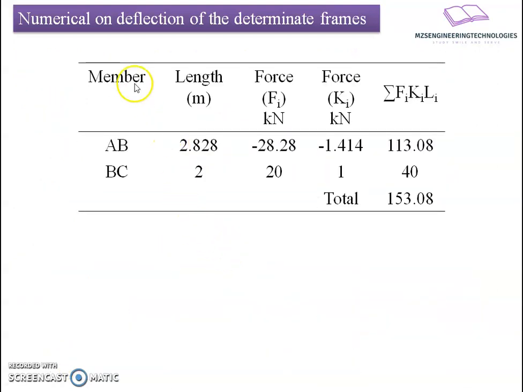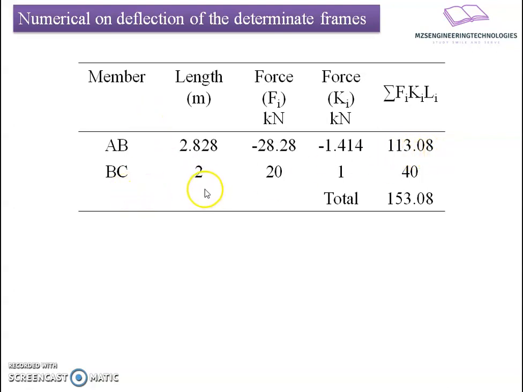After knowing the F forces and K forces, I will put the results in tabular format, with member length, force Fi in the third column, force Ki in the fourth column, and the product Fi Ki Li. For member AB, the length is 2.828, the force is minus 28.28, minus sign for tensile nature, and Ki is minus 1.414, resulting in 113.08.